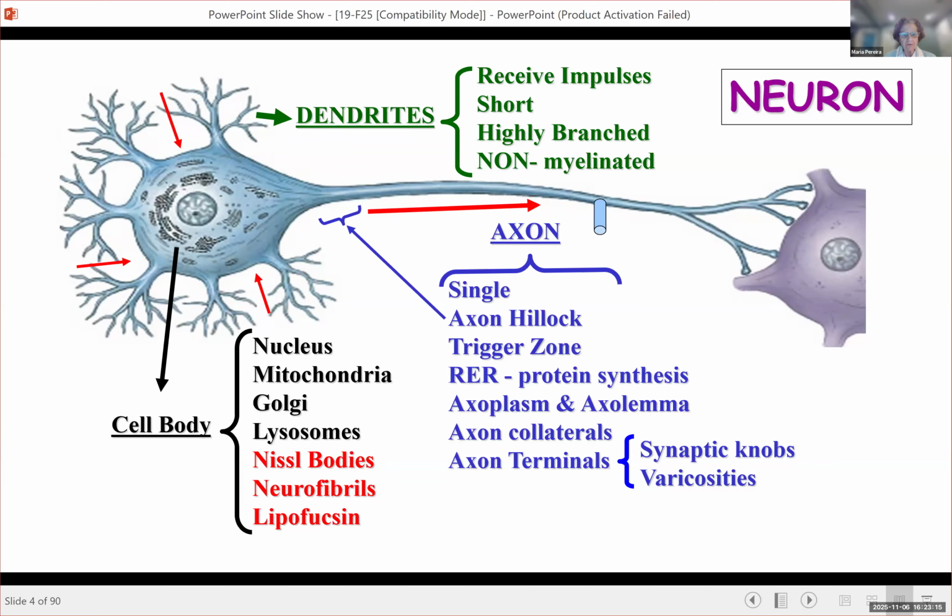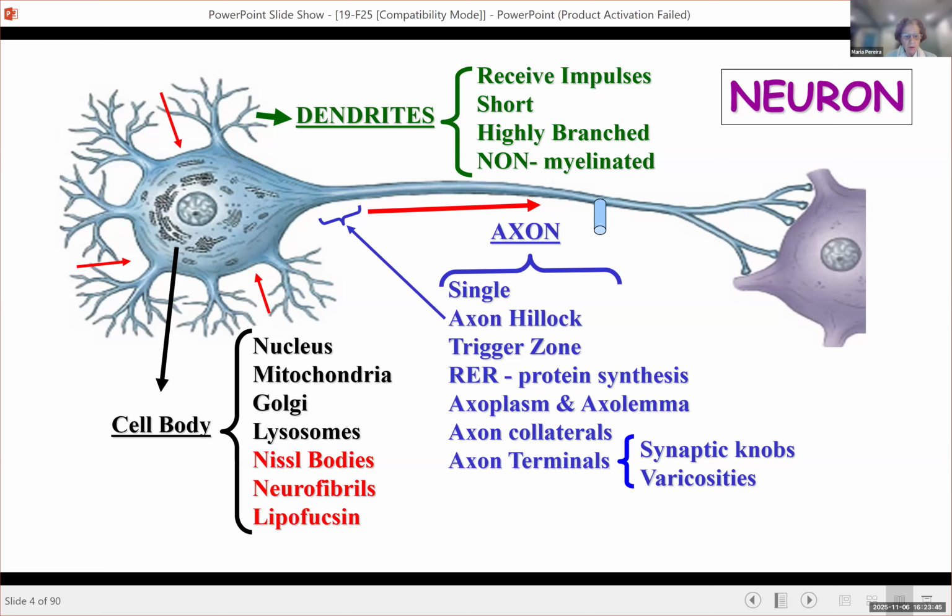In the cell body, you have the usual components of cells, one nucleus. They have many mitochondria. They also have Golgi and lysosomes. Remember, lysosomes are the organelles that are supposed to digest macromolecules, from carbohydrates, lipids, and so on. But there are other components that are specific to the neurons that are located in the cell body.